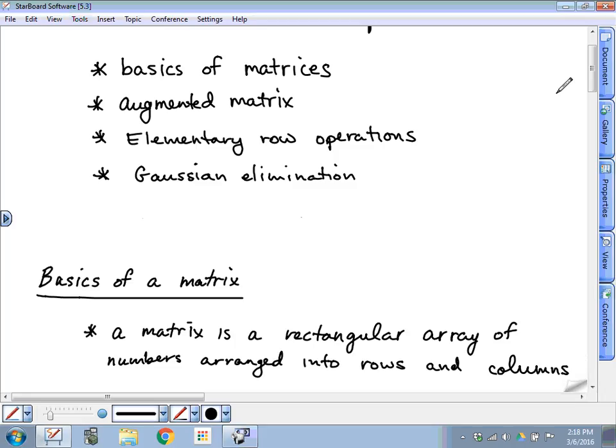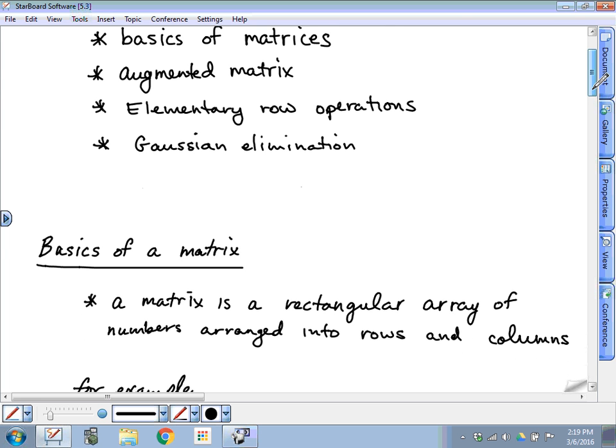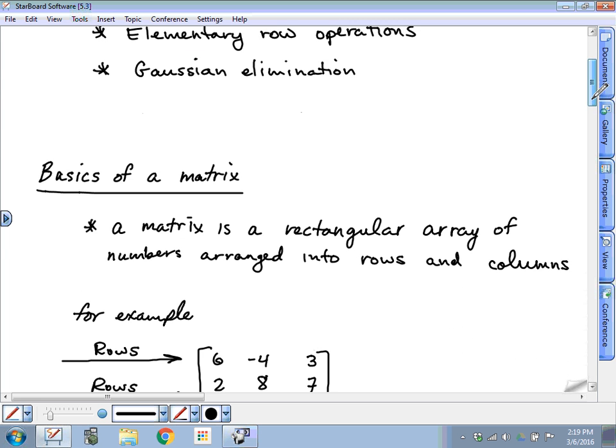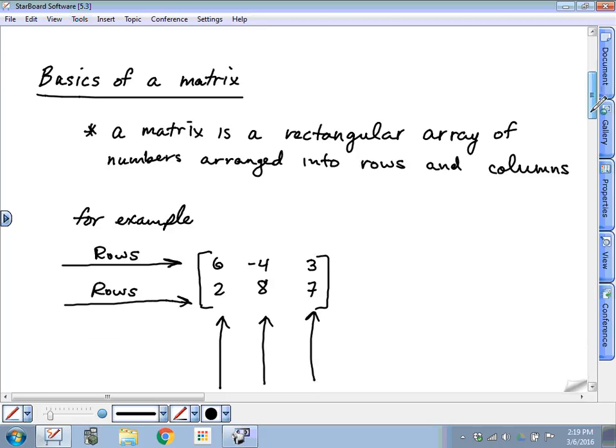So, a very general definition for a matrix. It's a bunch of numbers put into rows and columns, a rectangular array of numbers arranged into rows and columns. So here's an example of what a matrix might look like.